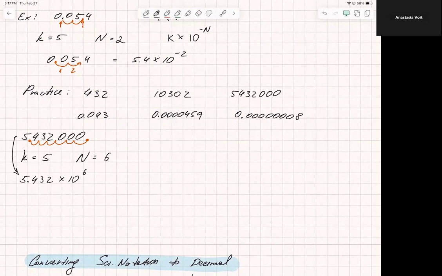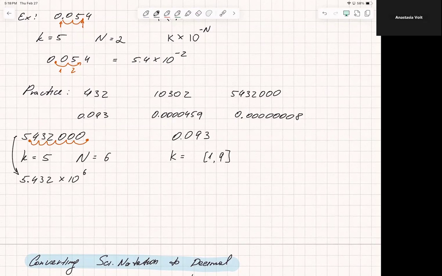Now, let's go to this number and try to write it in scientific notation. So we have 0.093. Again, as we said, K should be a value between 1 and 10, not including 10. So we can include 1, but we cannot include 10. Essentially, it's going to be any value between 1 to 9.